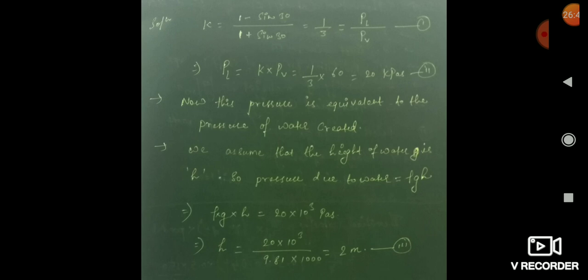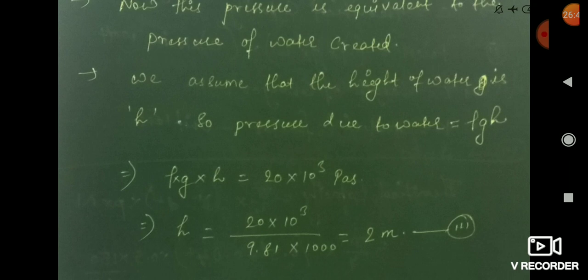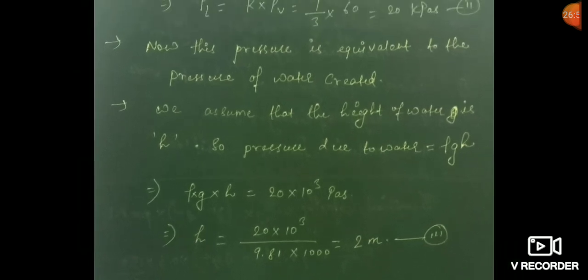Rho gh, I think all of you know, is the equation to calculate the height of water or height of mercury or whatever liquid we are using. It is used to calculate their height in the bins or in the tube, whatever the material present. So by this you can calculate the height, you can get the value, that is 2 meter.